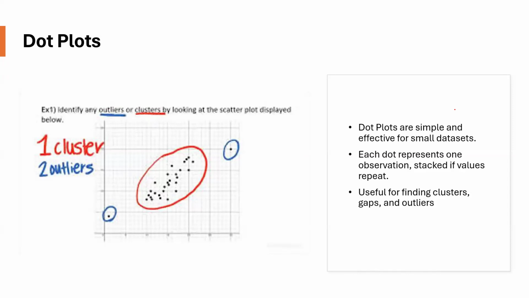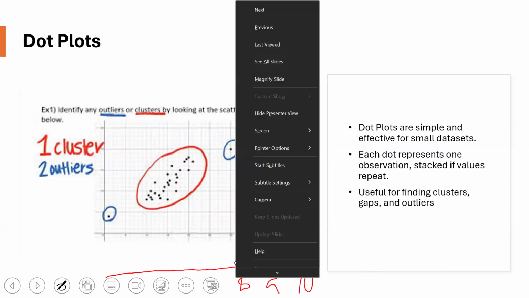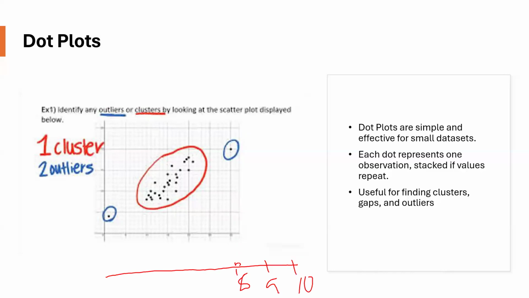A dot plot is just a horizontal axis like so. And let's say that we're arranging values, this might be 8, 9, 10. And I would just set the dot on the value. So if I have 3 8s, I'd put 1, 2, 3 dots above 8.